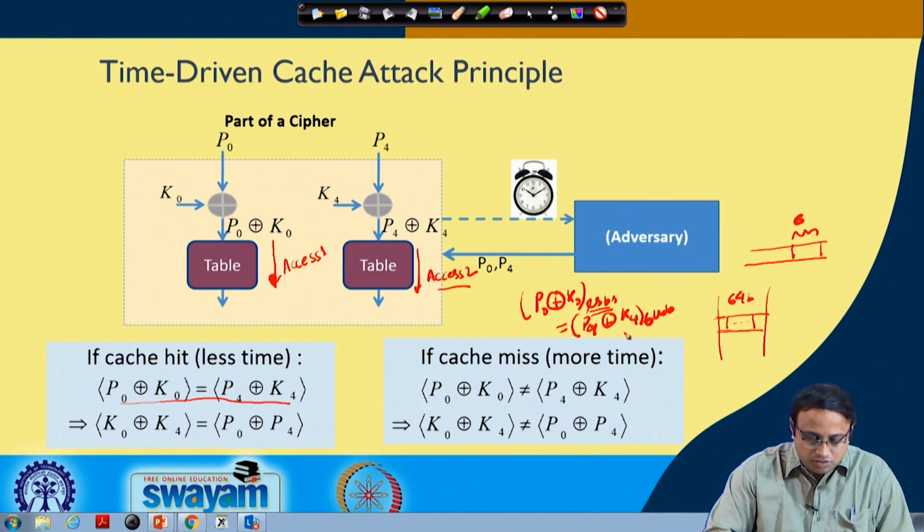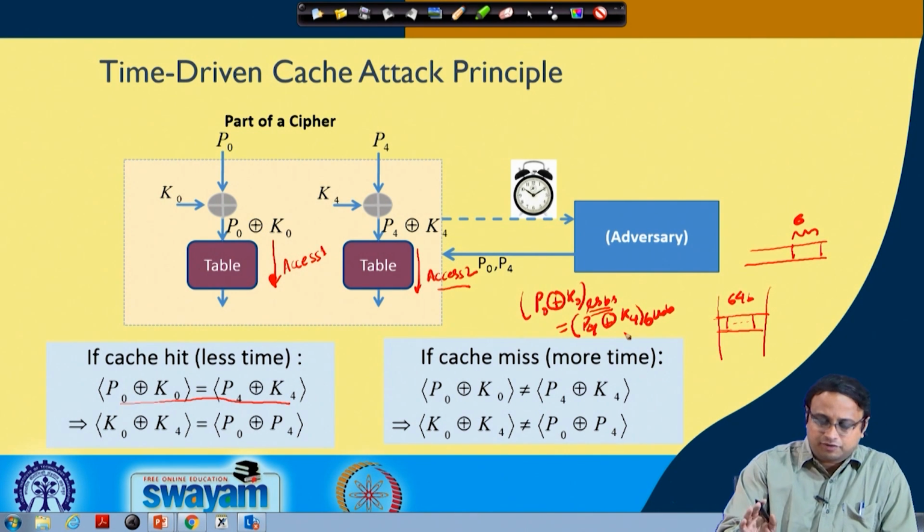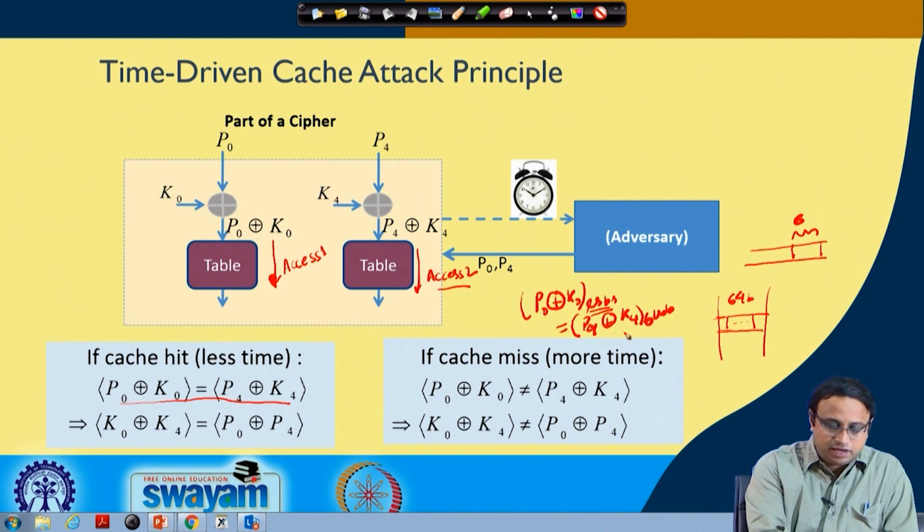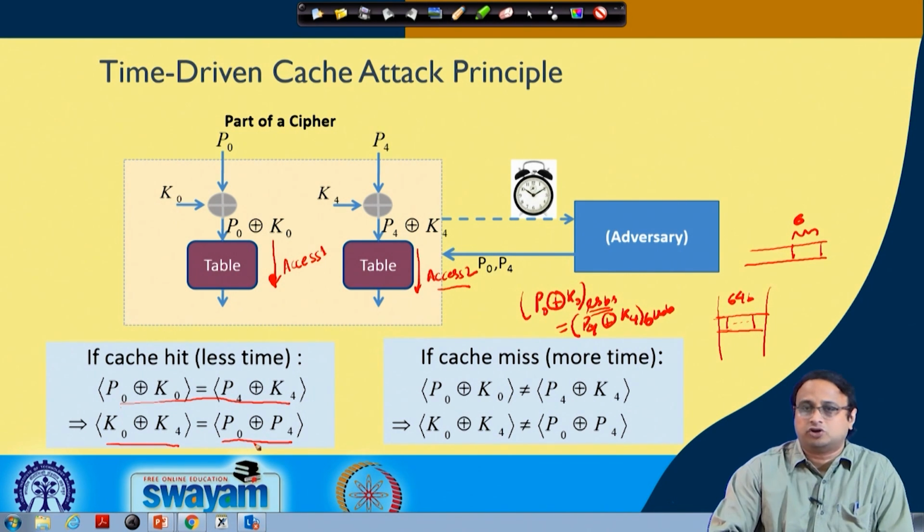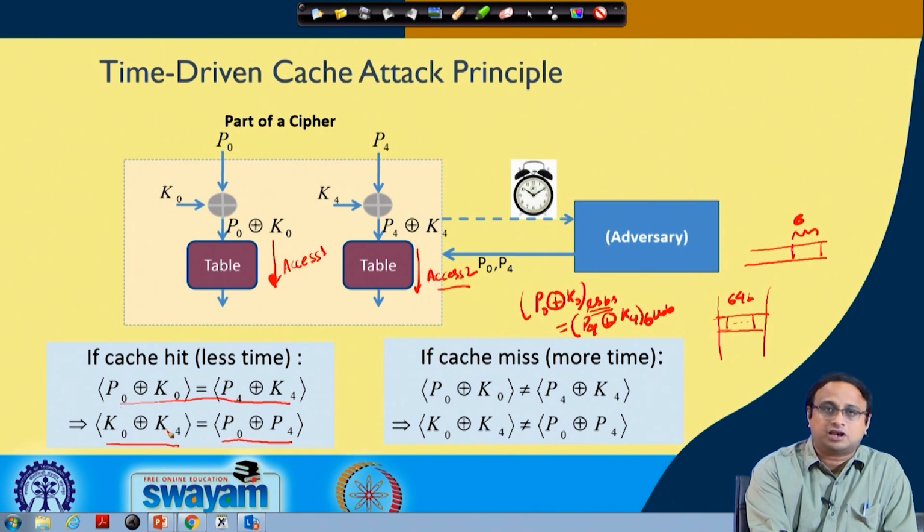So even if I forget this complication right now and just assume that there is one element in the cache line, then I can just write that P0 XORed with K0 is the same as P4 XORed with K4, and therefore the XOR of K0 and K4 is the same as the XOR of P0 and P4. So what does that tell us? That tells us that K0 and K4 are now not independent.